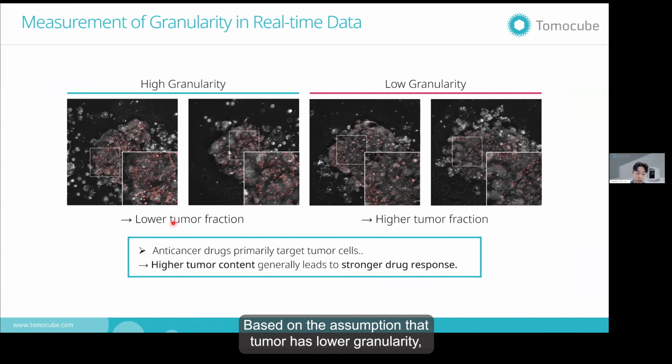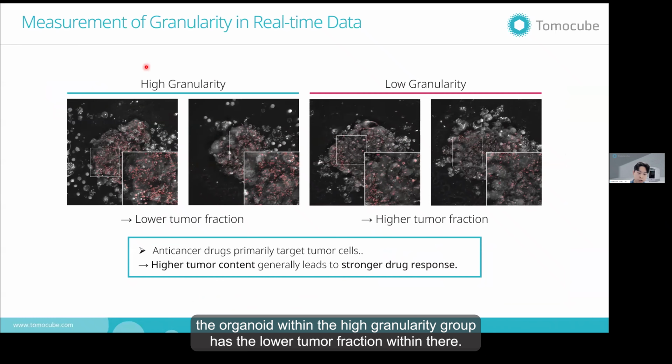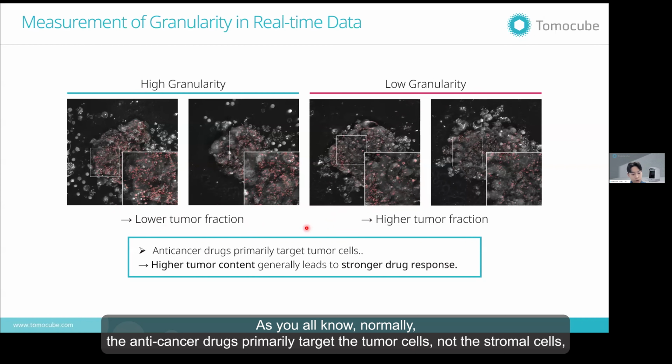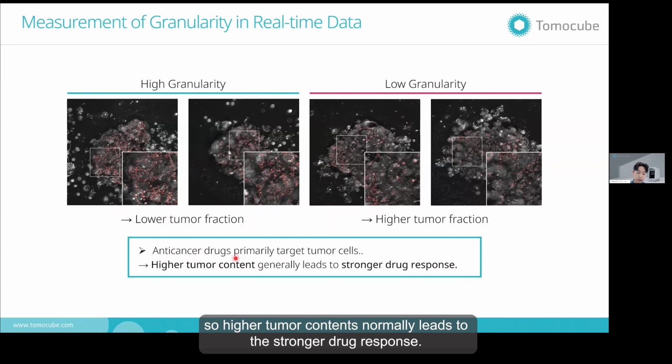Based on the assumption that tumor has lower granularity, the organoids within the high granularity group have a lower tumor fraction, and the organoids in the low granularity group have a higher tumor fraction. As we all know, normally anti-cancer drugs primarily target the tumor cells, not the stroma cells. So higher tumor content normally leads to a stronger drug response.